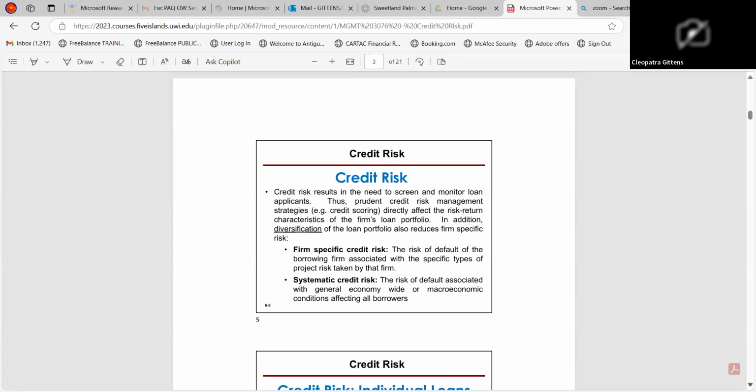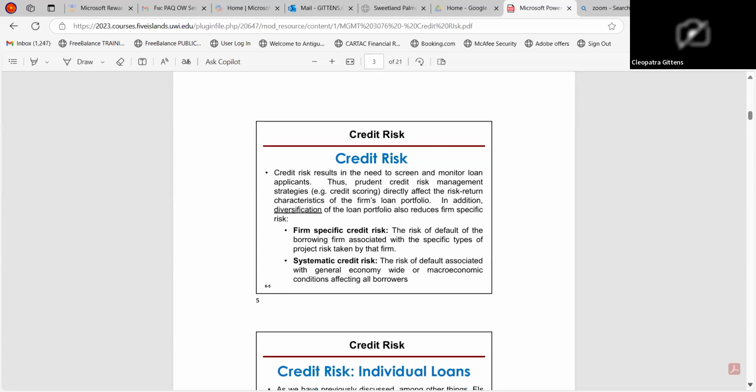With firm-specific credit risk, it's the risk that the bank or financial institution is exposed to because of that particular institution, because of their financial situation, because of the industry that they are a part of. So this firm has specific risk to it. Then you have the systematic credit risk, which affects everybody.